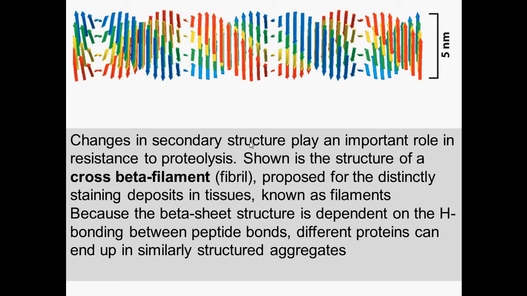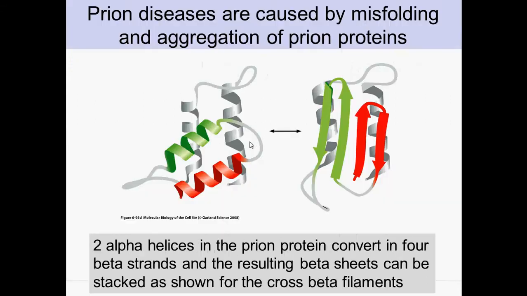And over here, the changes in the secondary structure play an important role in resistance to proteolysis. Proteolysis is basically breaking down protein. So there's a different beta structure which messes up the protein folding.